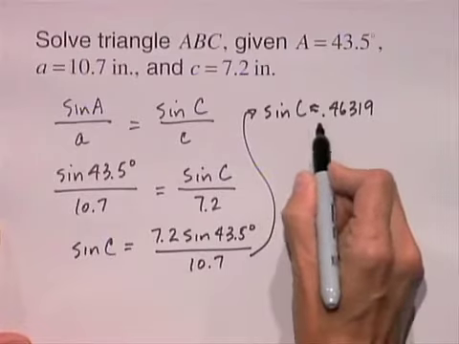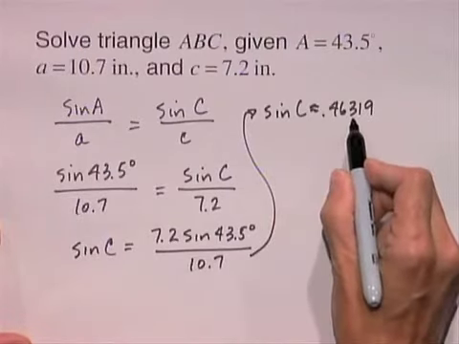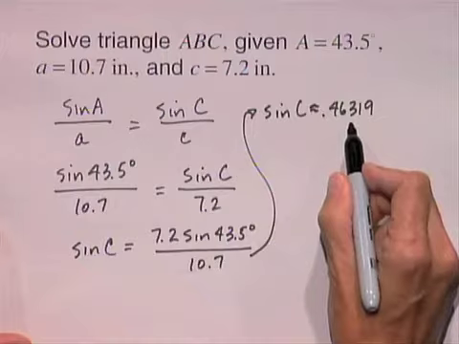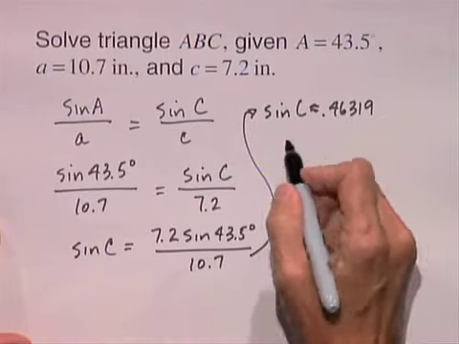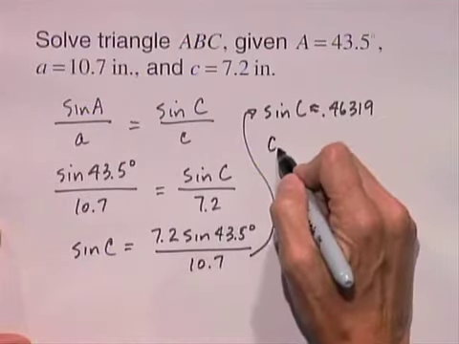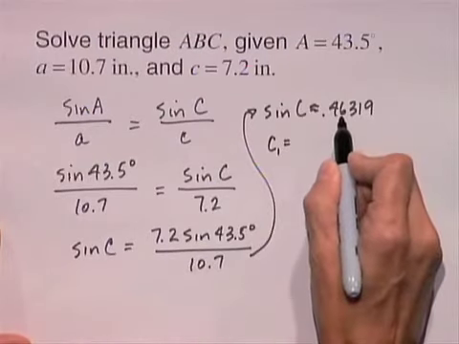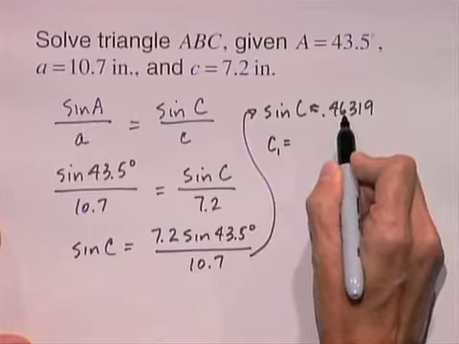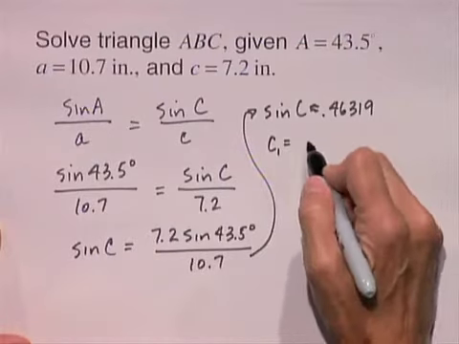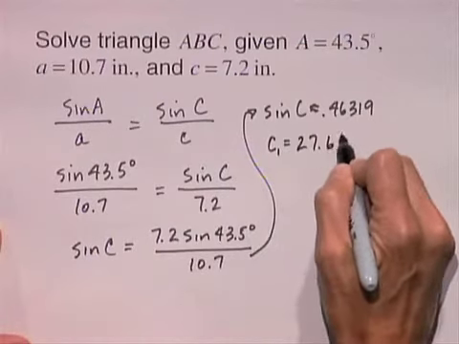Well, there are two solutions to this statement. The sine is positive in quadrant 1 and quadrant 2. Let's find the angle that satisfies that statement in quadrant 1, and I'll call it C1, by finding the inverse sine of that in degree mode on my calculator, and that comes out to 27.6 degrees.